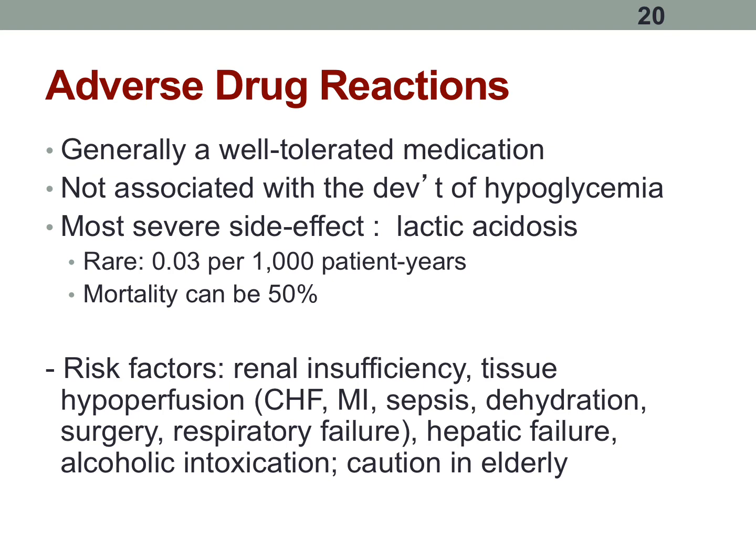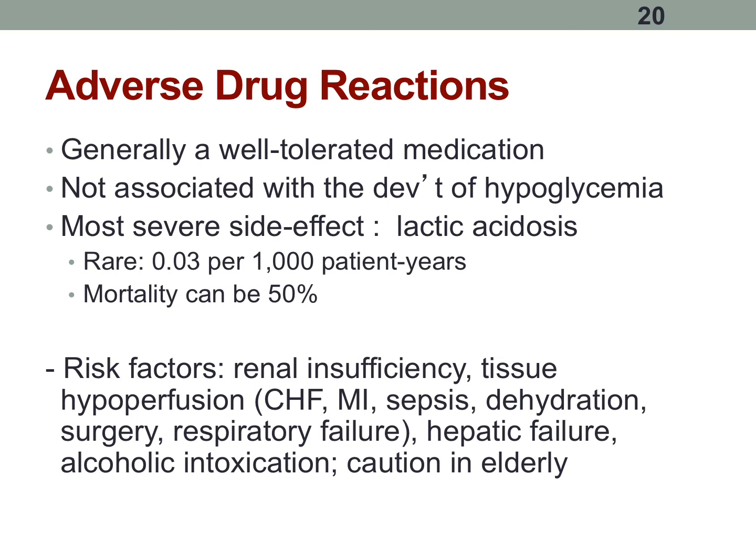It typically happens among people who are already predisposed to develop lactic acidosis anyway. These are the people with kidney problems, the people who have low blood pressure and low tissue perfusion, such as those with heart failure, heart attacks, severe infections leading to sepsis, dehydration during surgery, and even respiratory failure.